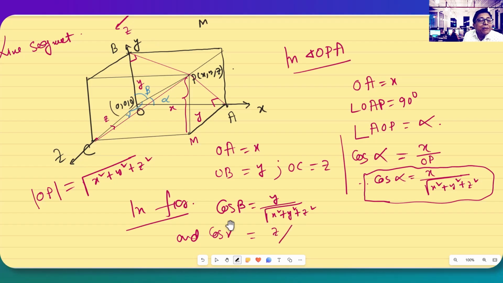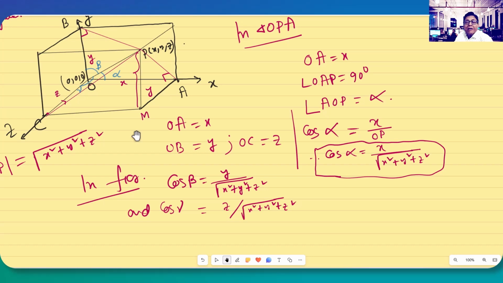Angle always lies between base and hypotenuse, isn't it? Gamma is this angle. So base is here and this is the hypotenuse OP. So this is going to be z by under root x square plus y square plus z square.